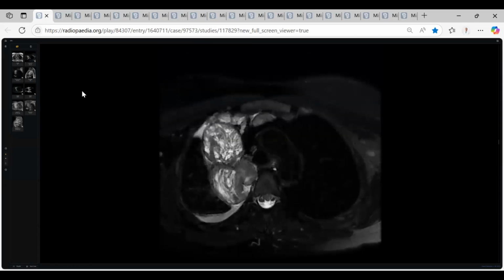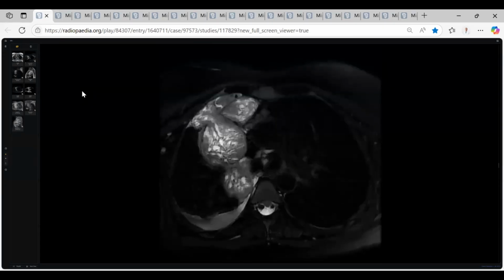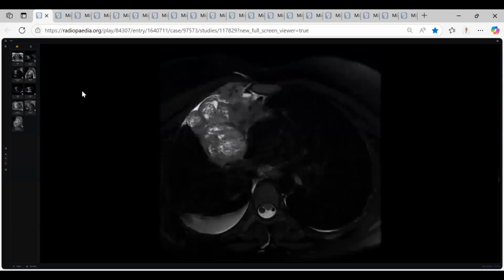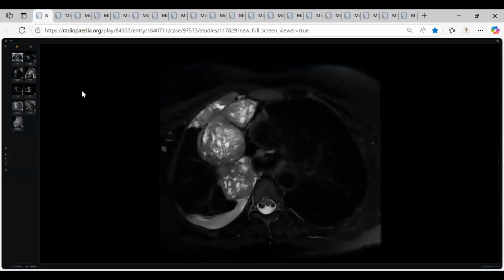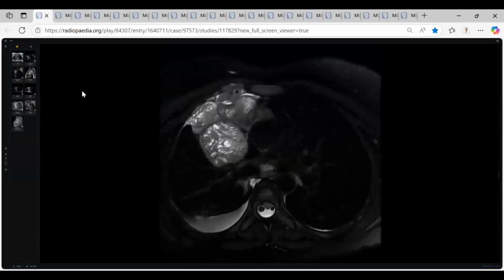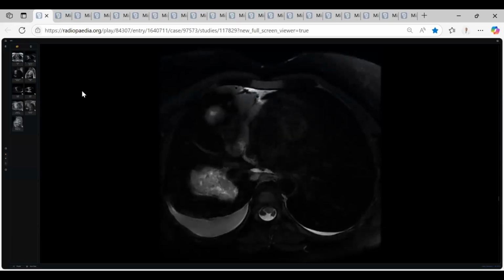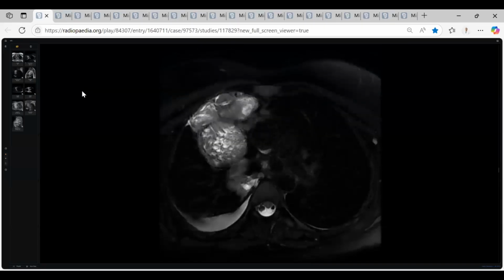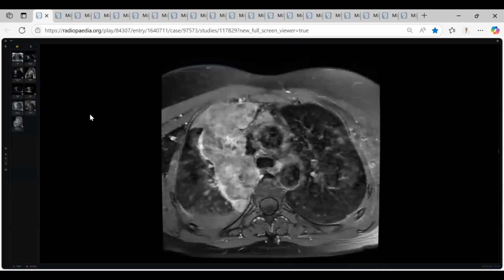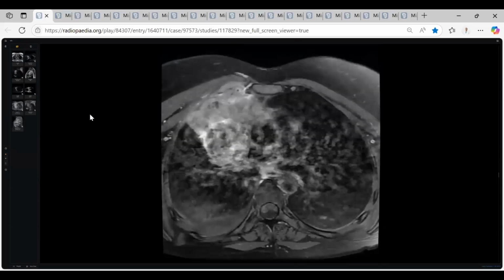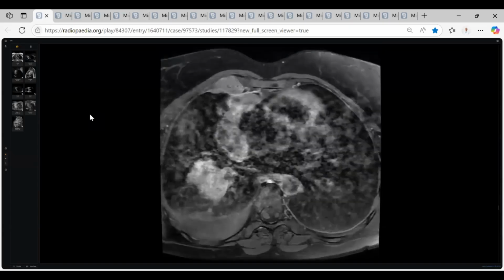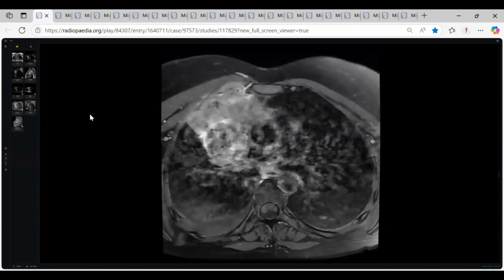I will ask about the patient history, if the patient has myasthenia gravis. From the MRI, what do you want to exclude? Look at the pleura of the right and the left side.